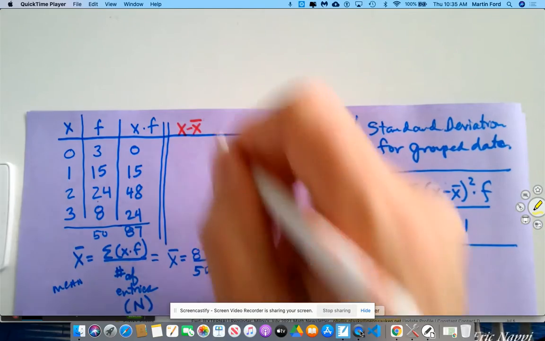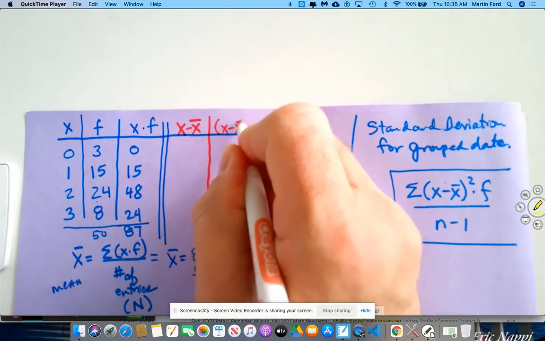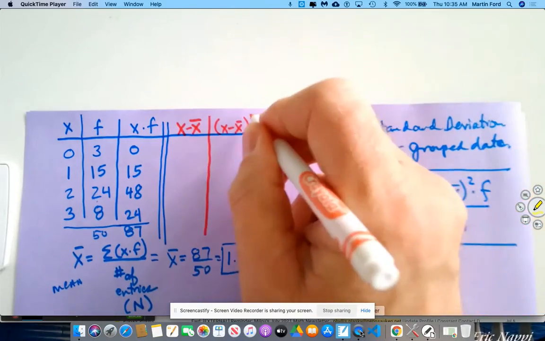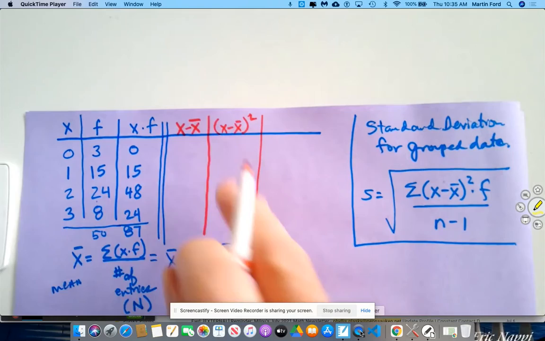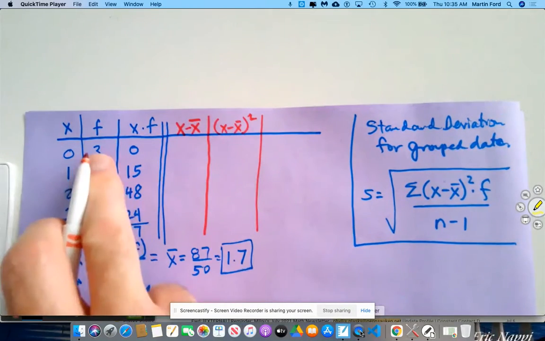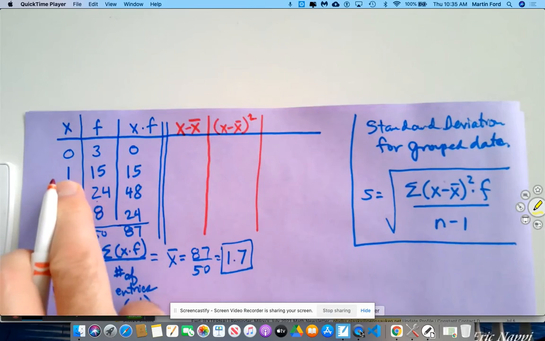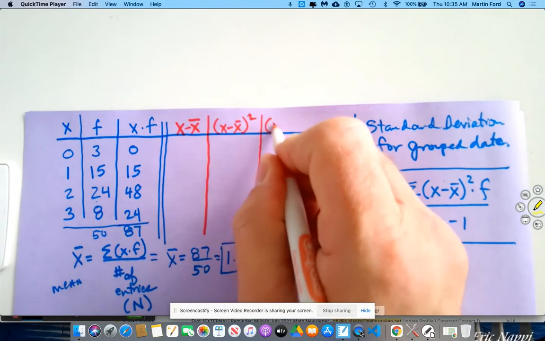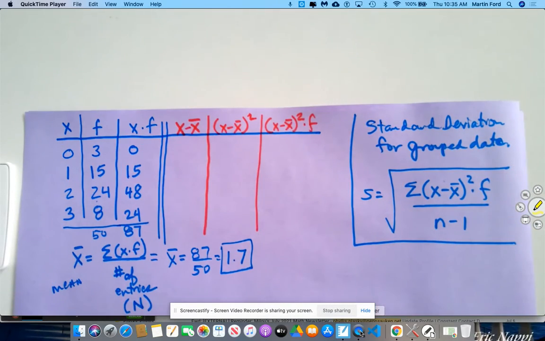Once we have those deviations, we then square those deviations. These deviations are for each row, but remember, the frequency means that there's 3 zeros in this data set and 15 ones. So we're going to take those squared deviations and multiply them by the frequencies.